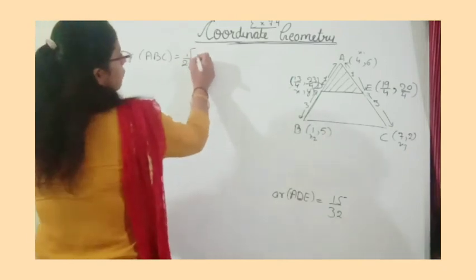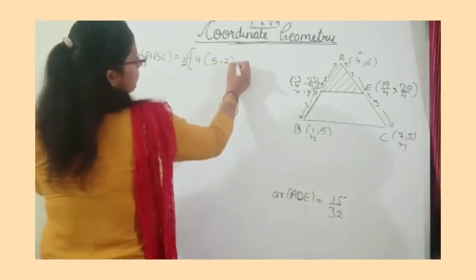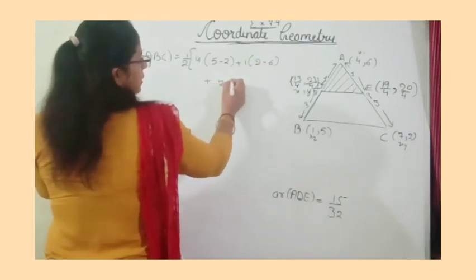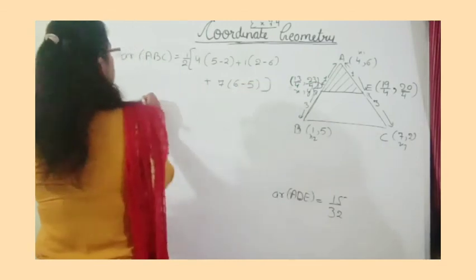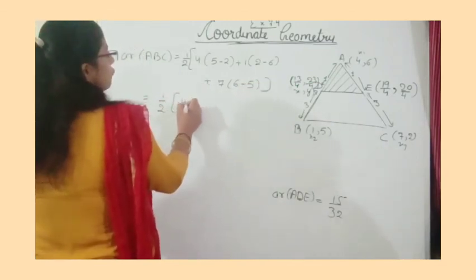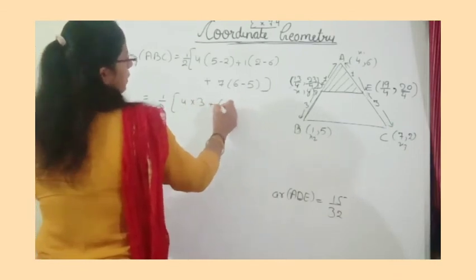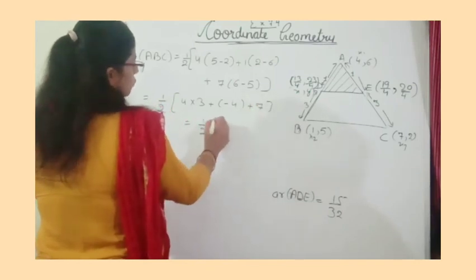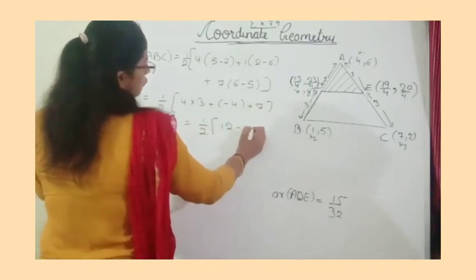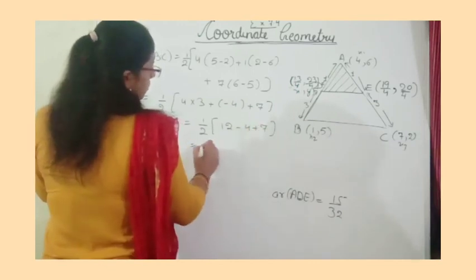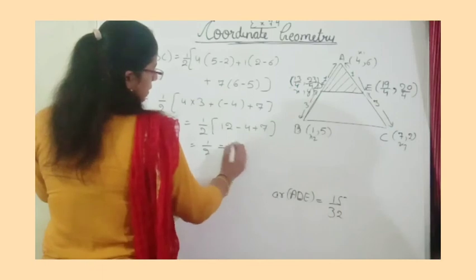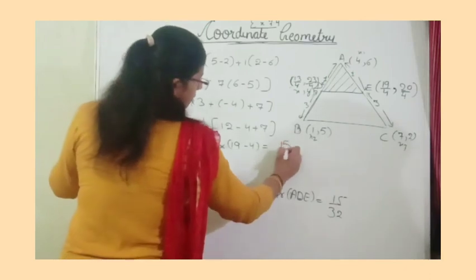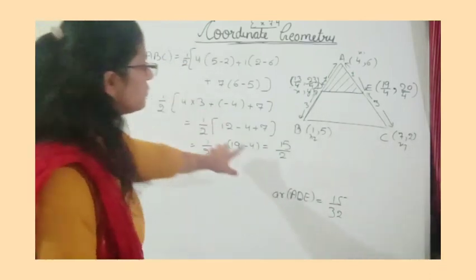So this is 4 into (5 minus 2) plus 1 into (2 minus 6) plus 7 into (6 minus 5) is equal to 1 upon 2, 4 into 3 plus, you'll get minus 4 plus 7 into 1. So from here 1 upon 2, 12 minus 4 plus 7. So 1 upon 2 into 19 minus 4. So from here you will get 15 upon 2. So the area of ABC is 15 upon 2.